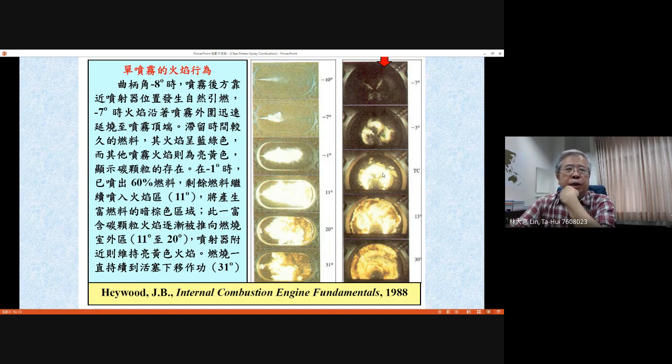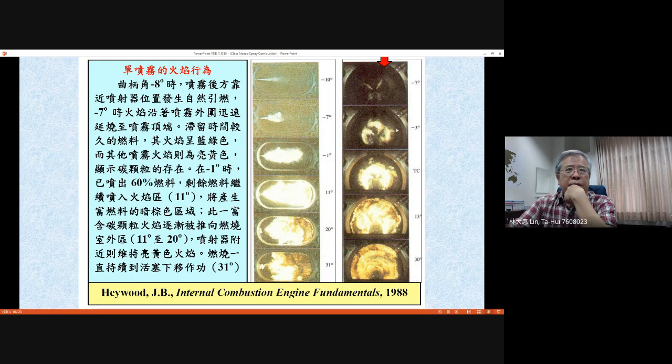This series of pictures tells you now you have 4 injectors, and these are pictures from the top quartz windows. You can see the 4 injectors injecting out at the -7 crank angle. Before the top dead center they inject out, and later on they will ignite very easily.